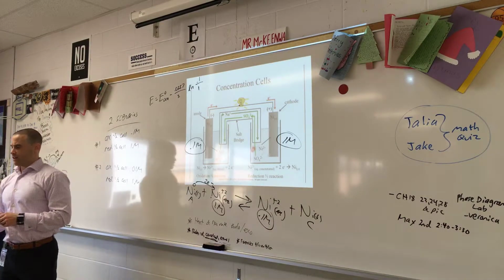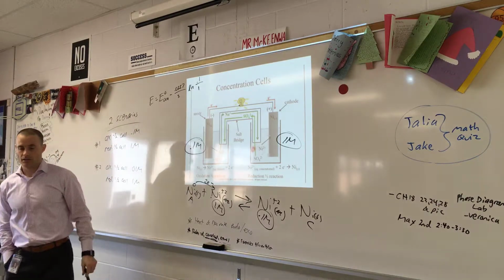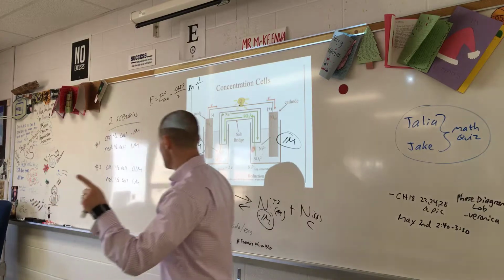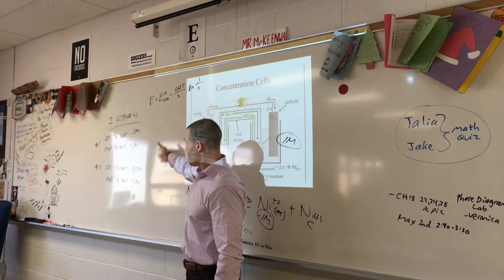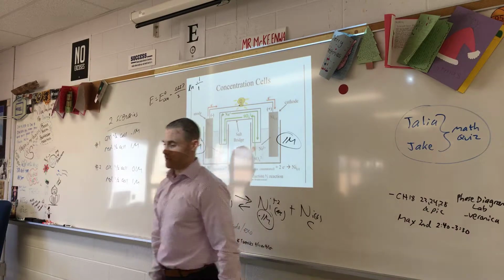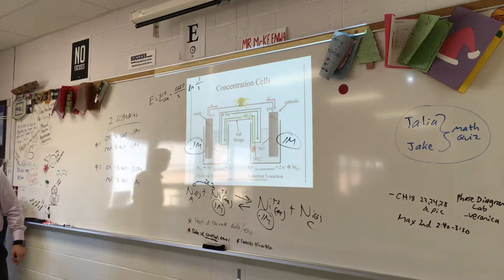So what is the E cell? I want you to write this down. We're going to use it just to teach the concept. Again, they're not going to ask you to calculate the voltage, but they might ask you which scenario creates a higher voltage and why. So that's what I'm trying to teach you, not the calculation. It just helps me explain.